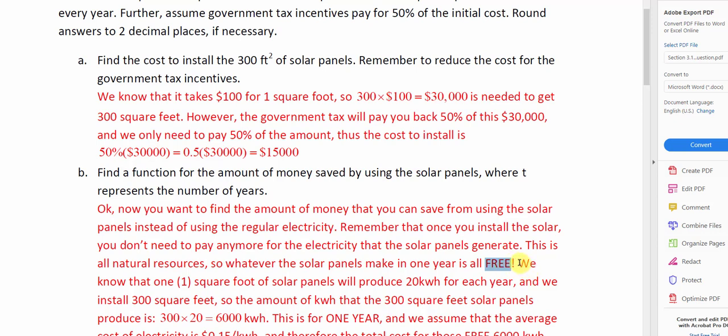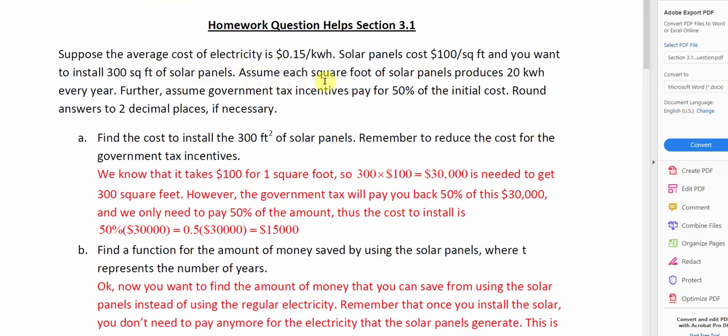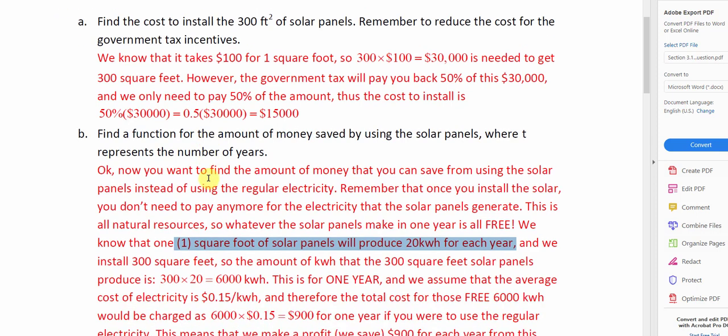Okay, so we know that 1 square foot of solar panels will produce 20 kilowatt hours for each year. From here, 1 square foot of solar panel produces 20 kilowatt hours each year, and we install 300 square feet.